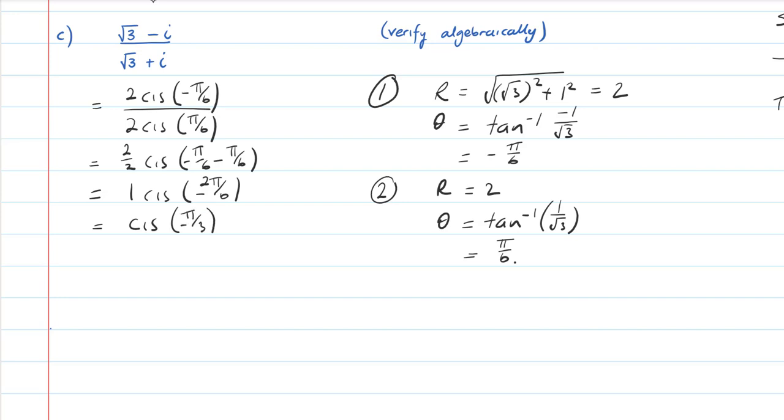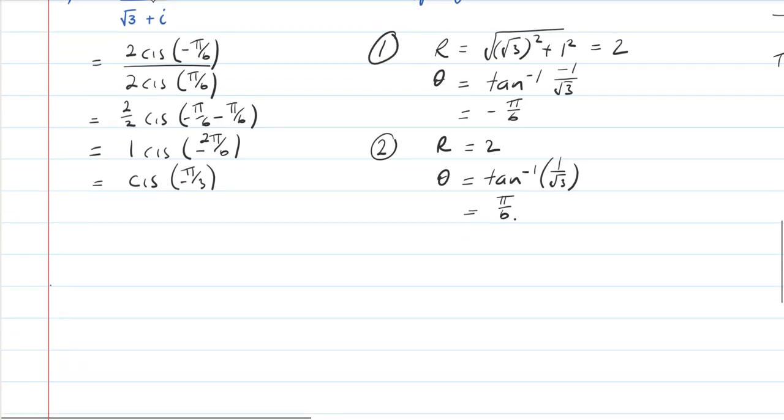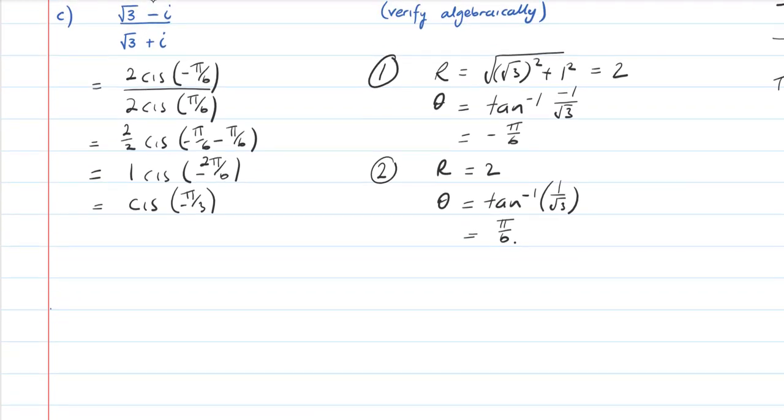And I could simplify that down into a Cartesian form, so that will become cos of negative pi on 3 plus i sine of negative pi on 3.